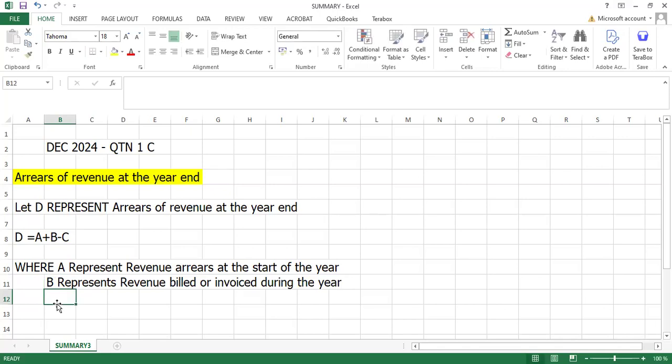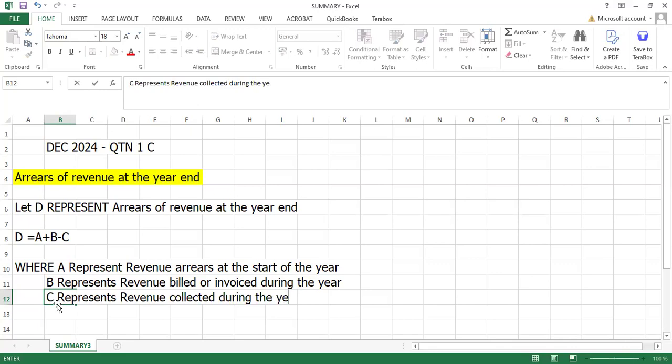Then C is going to represent your revenue collected during the year. So if you know this, it will really help you to prepare the statement of areas of revenue.